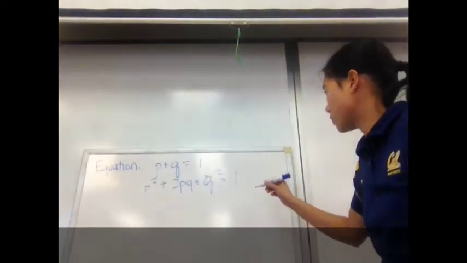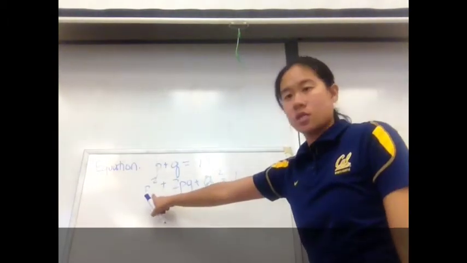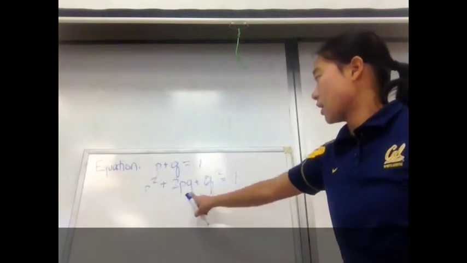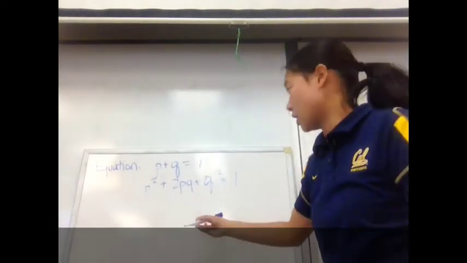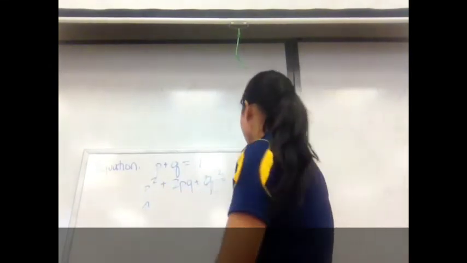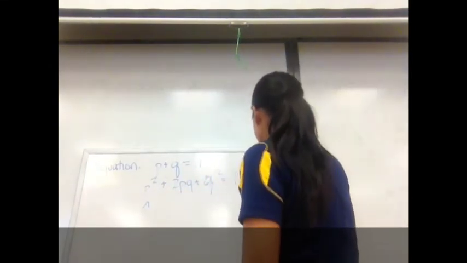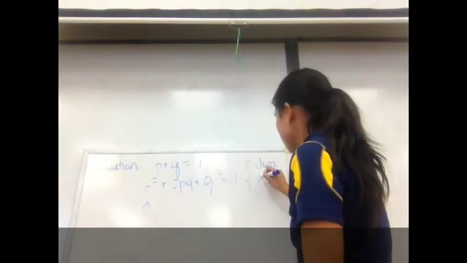So this is your population. So p squared and q squared represent your homozygotes. 2pq would represent your heterozygotes. So in this case, we'll say p equals your dominant allele, q equals your recessive allele.